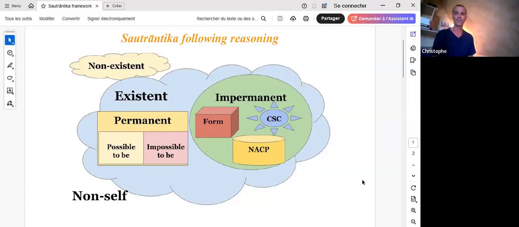Okay, very good. Now for the non-existent, of course, you already know horn of the rabbit, blue unicorn, square circle. You already know many non-existents. Of course, the main non-existent that we have to understand doesn't exist is the self of the person, for the Sautrantika.